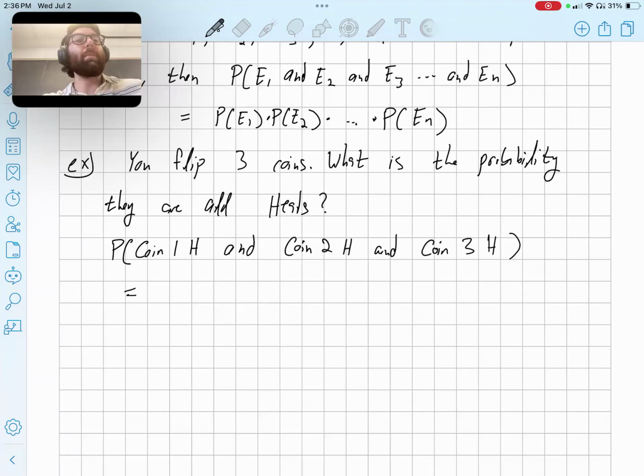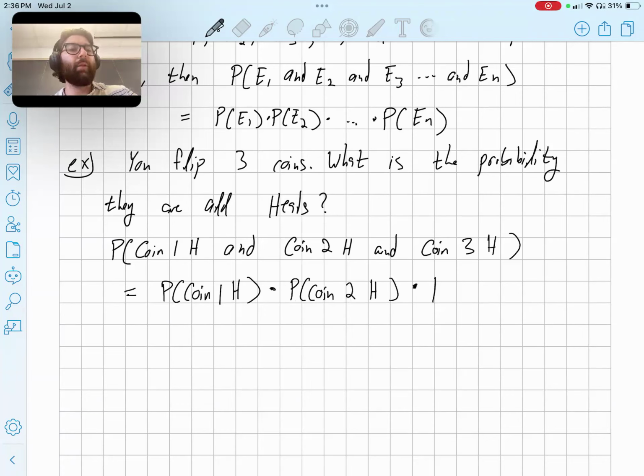And so these are all independent. They're 3 different coins, so they have no bearing on each other. It's completely independent. And so this is going to be P of coin 1 heads times P of coin 2 heads times P of coin 3 heads. Well, the probability that any coin is heads is 1/2. So this is 1/2 times 1/2 times 1/2, which is 1/8. So 1 out of 8.